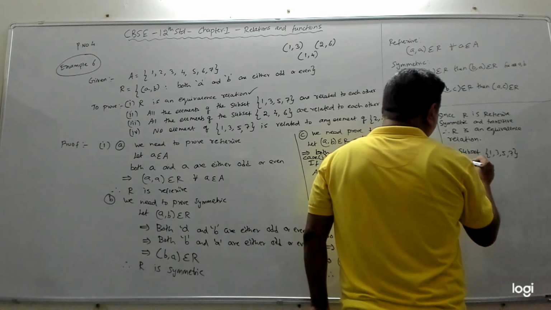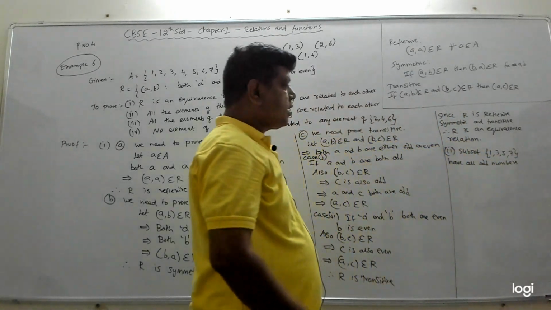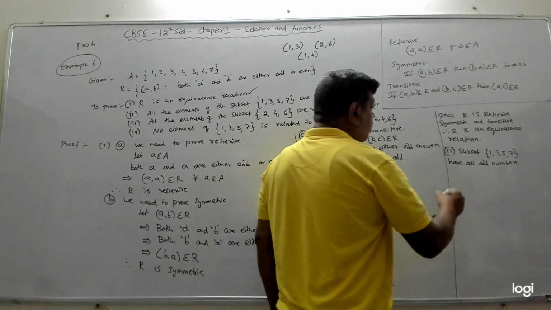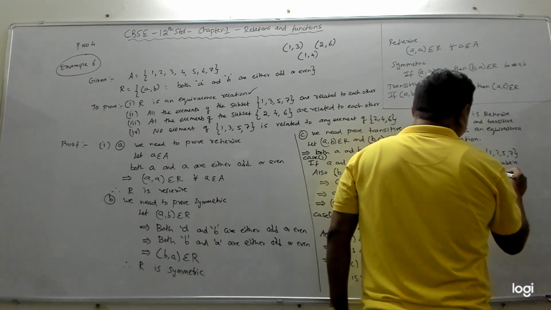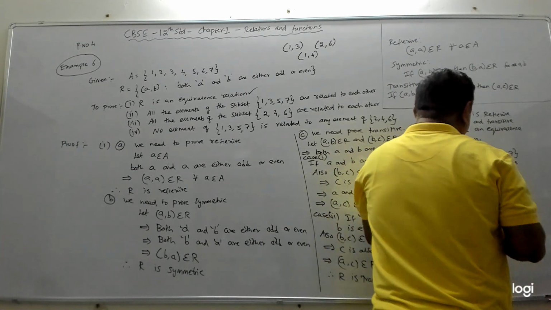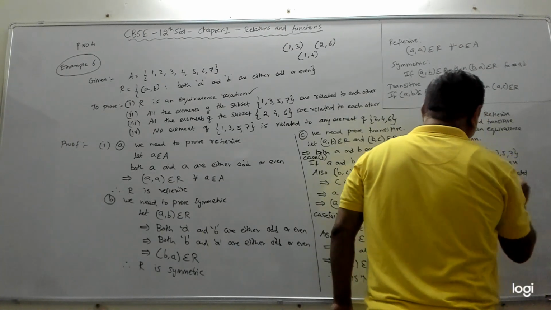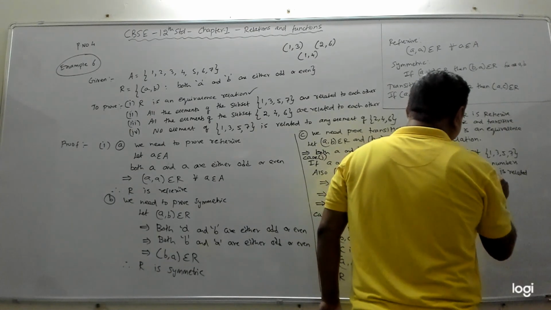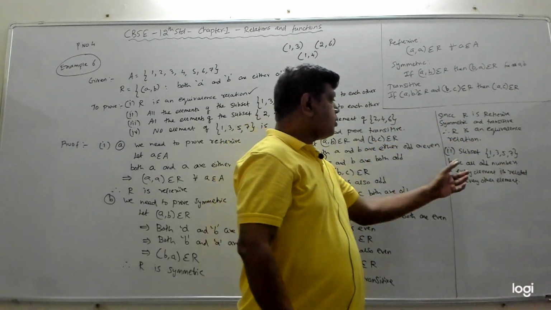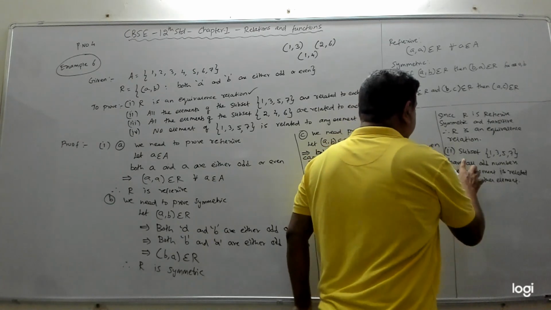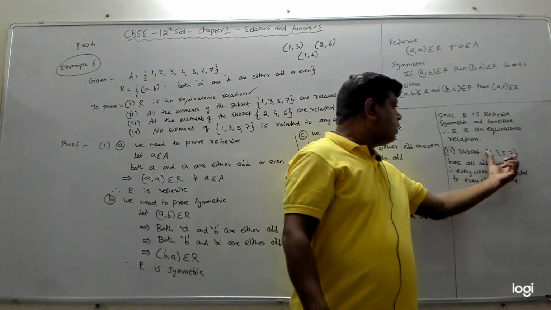The subset 1, 3, 5, 7 has all odd numbers.